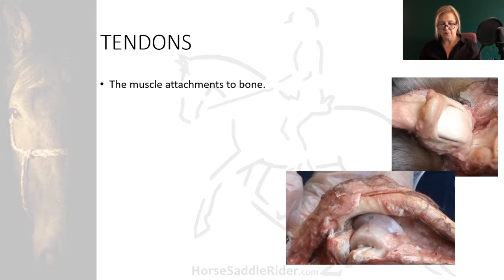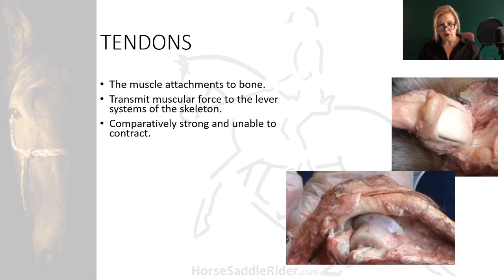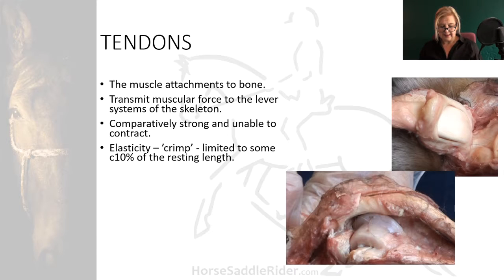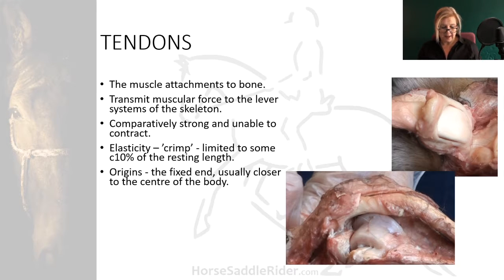Tendons are the muscle attachments to bone. They transmit muscular force to the lever systems of the skeleton and are comparatively strong and unable to contract. Elasticity is limited to some 10% of the resting length in a crimp pattern and is dependent on integrity of the crimp pattern, giving it capability of recoil. And the attachments are classified as either origins or insertions.